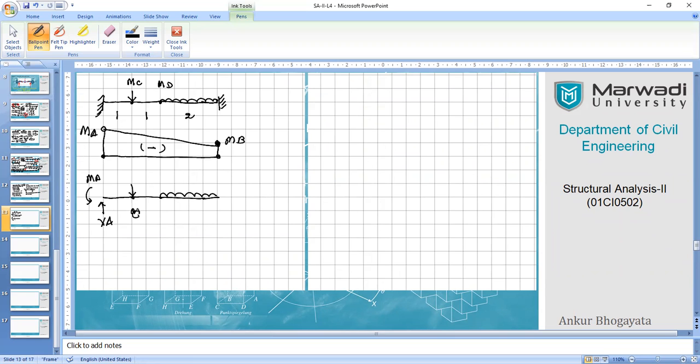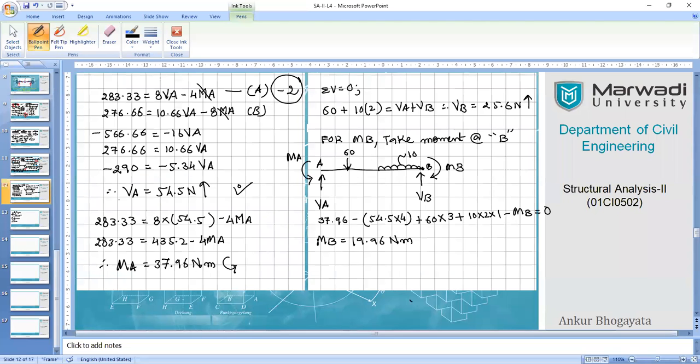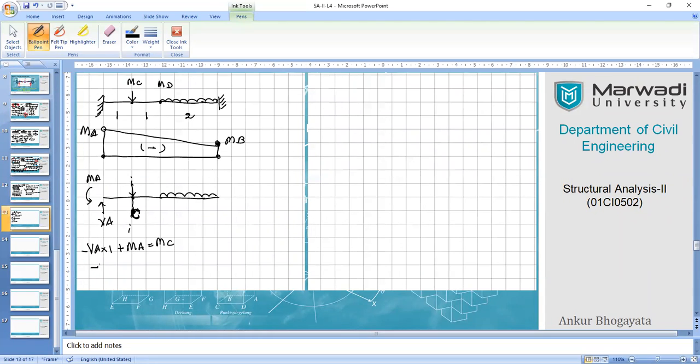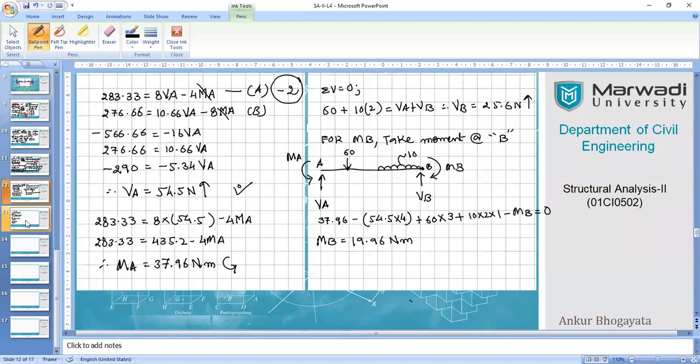So here it is point C. Okay, so cut your beam over here. Consider the equation of the left hand side. So VA into 1, because this is the distance and that is clockwise, so I will consider it negative, plus MA, that will be nothing but MC. VA is 54.5, so it is minus 54.5 into 1, that's fine. And plus MA. MA is 37.96.